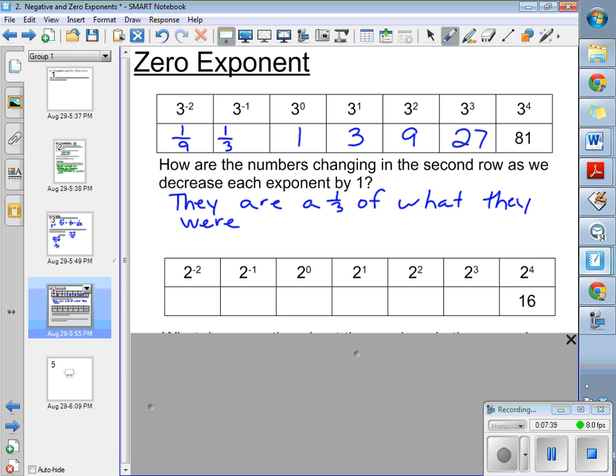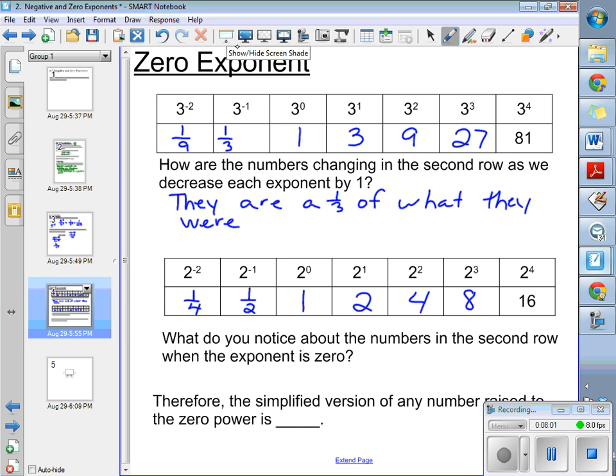All right, so let's look here. We have 16, then 8, then 4, 2, 1. We're cutting each one by half, right? And then we've got 1/2 and 1/4.